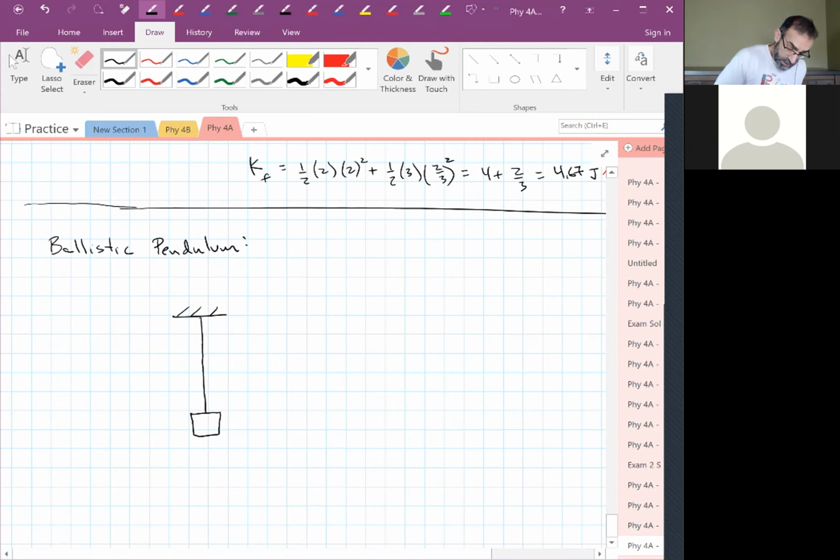And we've got a bullet coming in with some velocity. Then the bullet hits that pendulum and becomes embedded in it. It gets stuck in there.